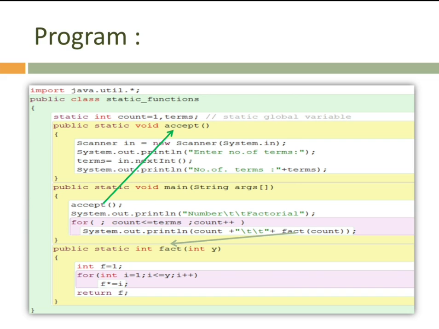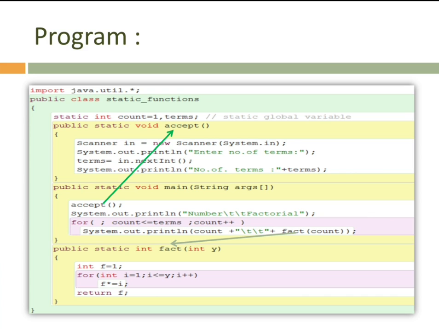That's why a static function can call a static function by writing the name of the function. In the same way I had written the name and I want to pass that count value to the fact function, and fact is going to find the factorial for us. You all know the logic of a factorial. I had written the logic of a factorial in fact.